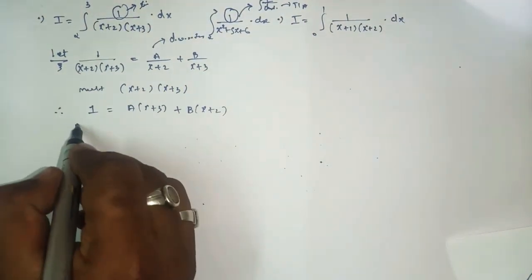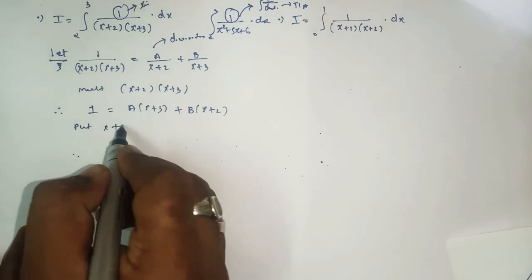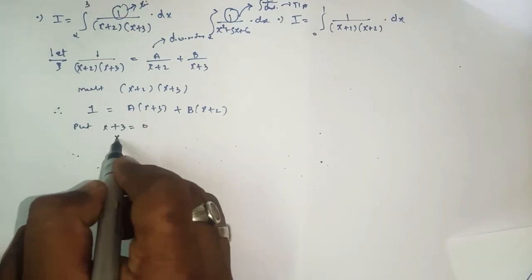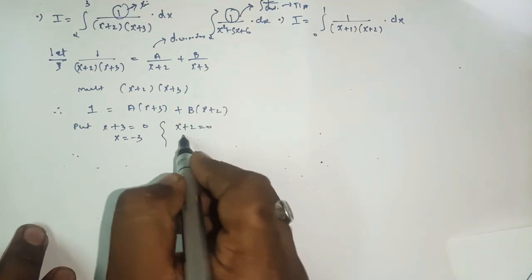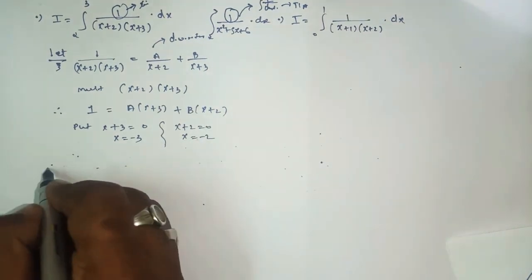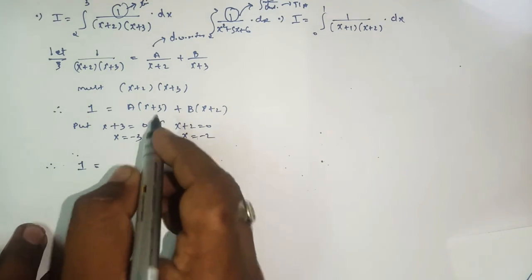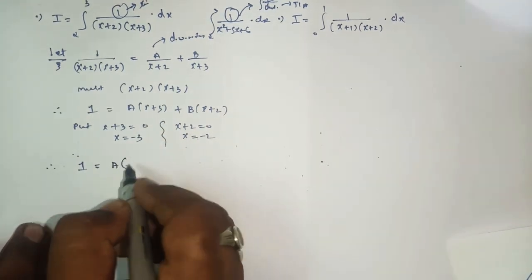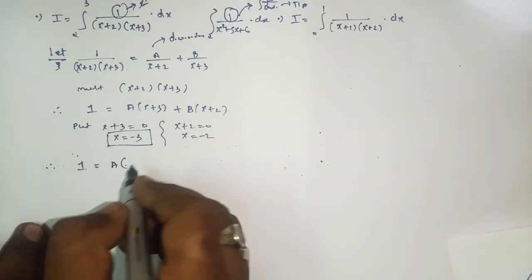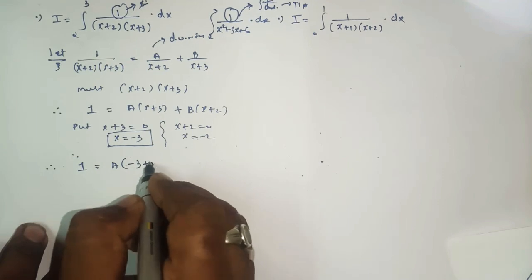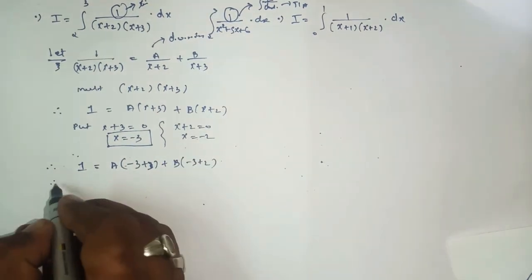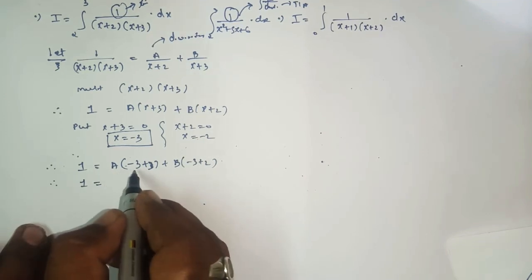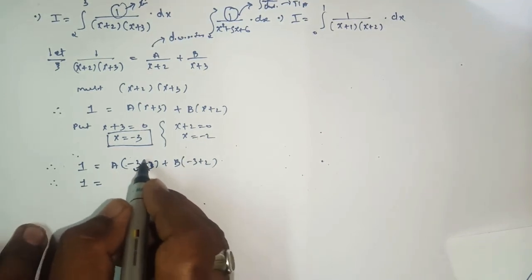So now first step, you will put x plus 3 equals 0. So x will be equal to minus 3, and x plus 2 equals 0, so x will be equal to minus 2. So simply what you will do, in the first case you will replace x by minus 3. So this will be what? 1 equals minus 3 plus 3, it is 0.